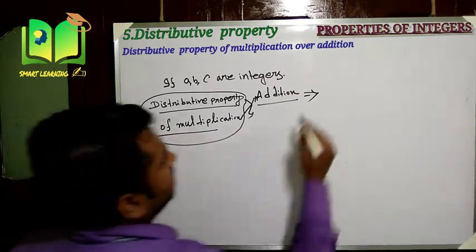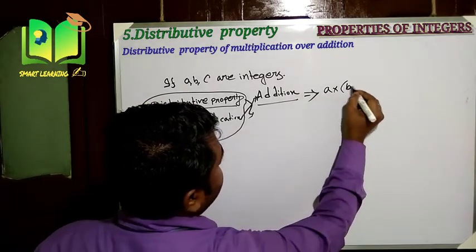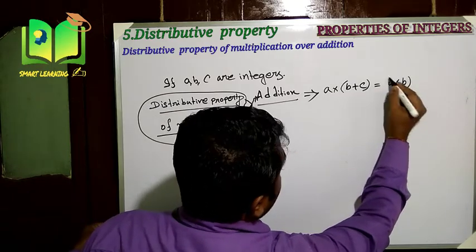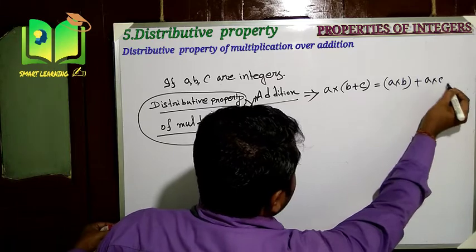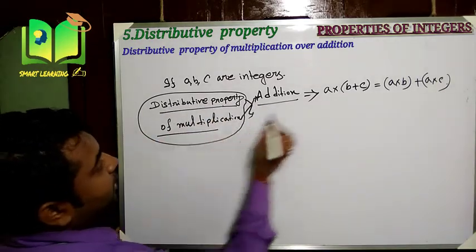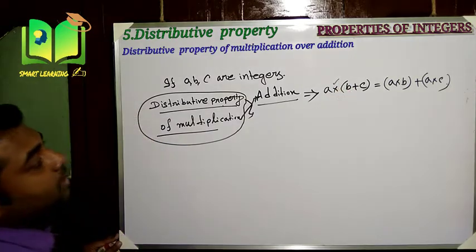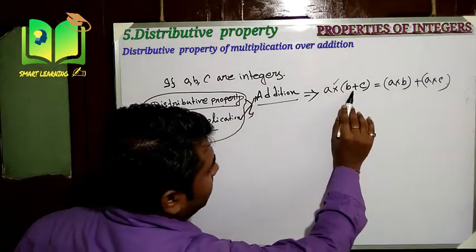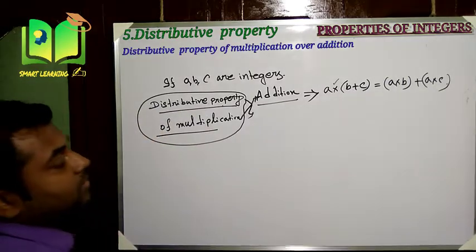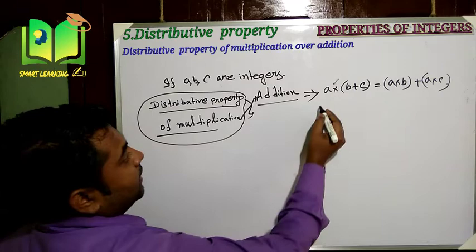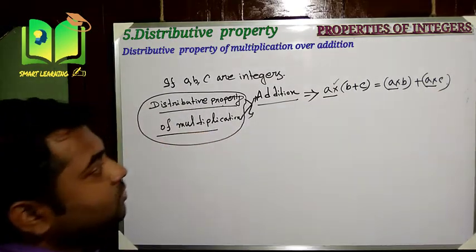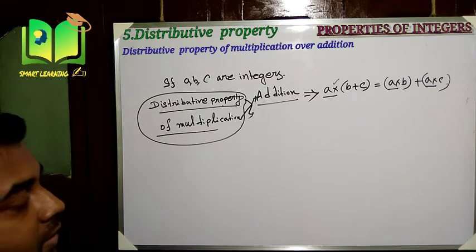See the formula. A into (b plus c) equals a into b plus a into c. So this is the distributive property of multiplication: multiplication sign over addition sign. So what I am saying here, you can see a into 2 terms.